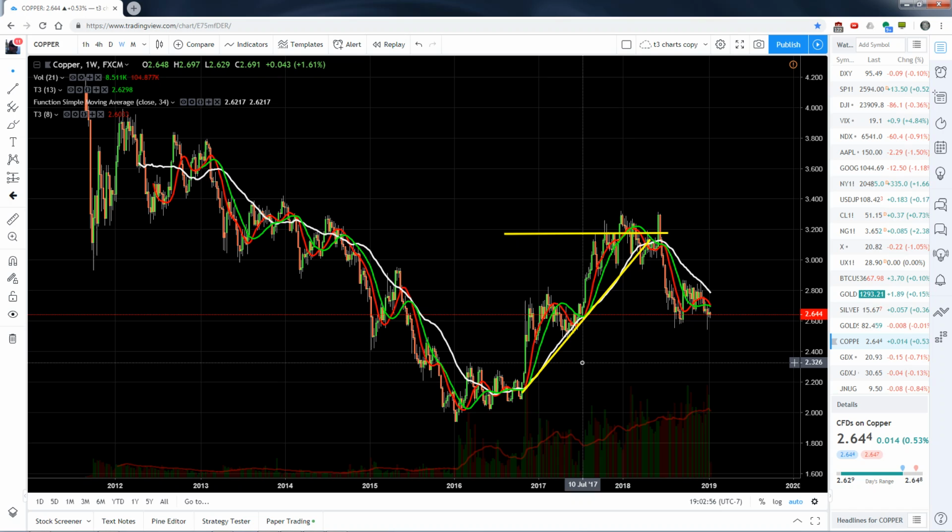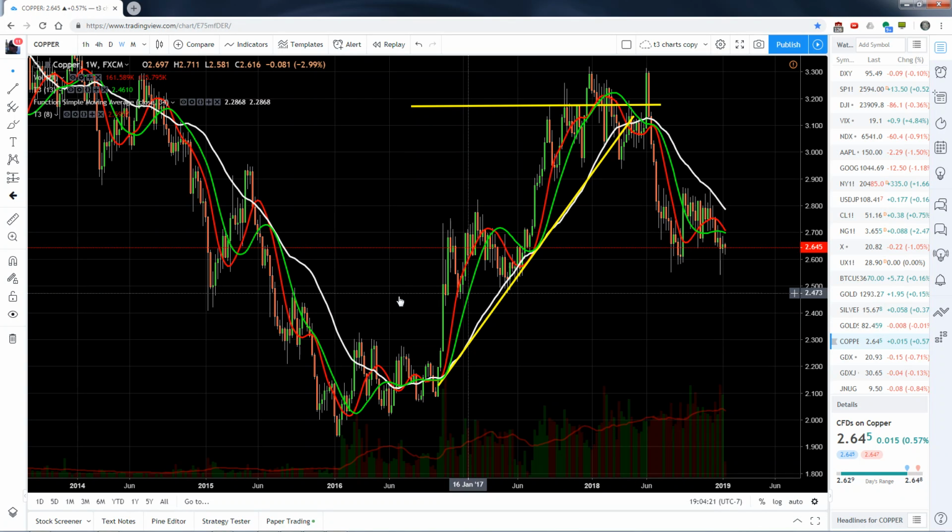Watch for support lines to give way. If that happens, coming down into the next line of previous high, previous lows. Interesting.